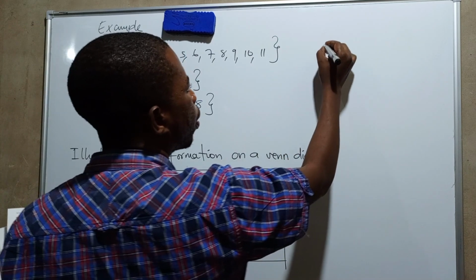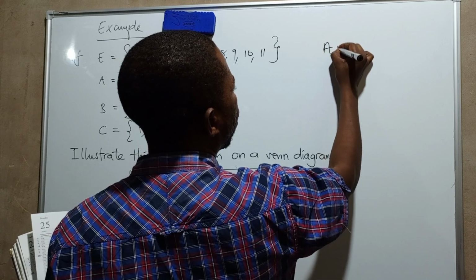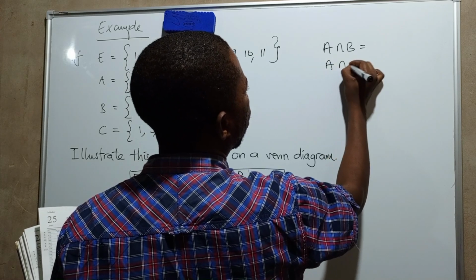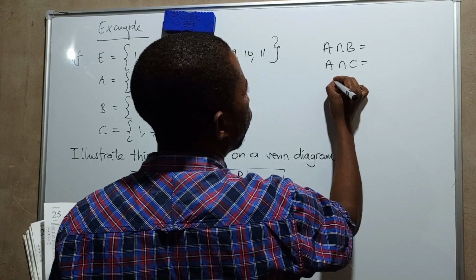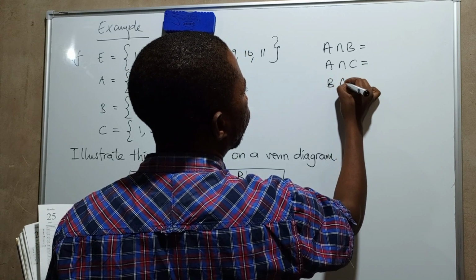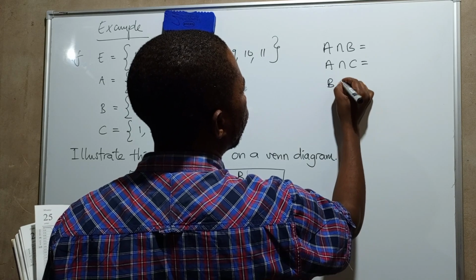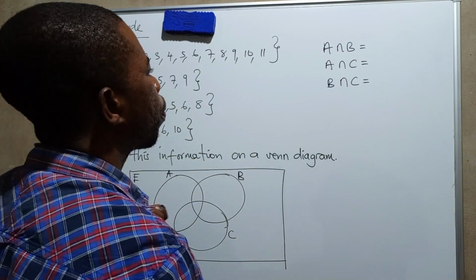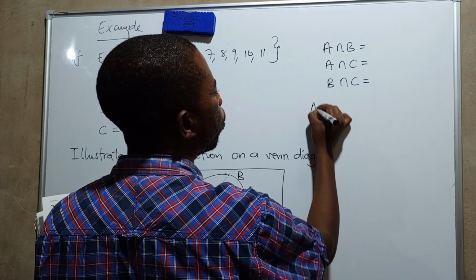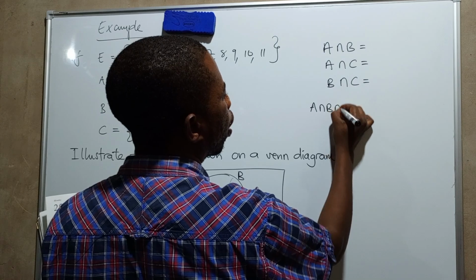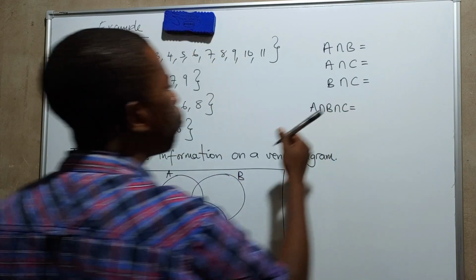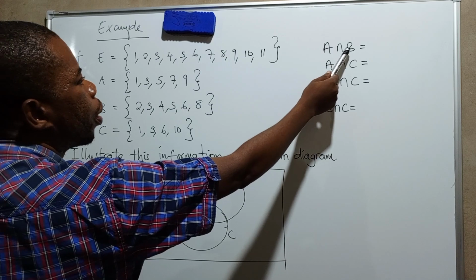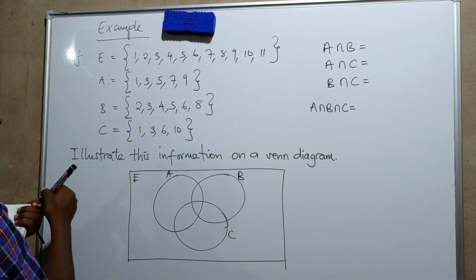First of all, find the intersection set between A and B, then also between A and C, and then between B and C. Then we need to find the intersection set between A, B, and C. So first, let's find the intersection between A and B. What is common? 3.